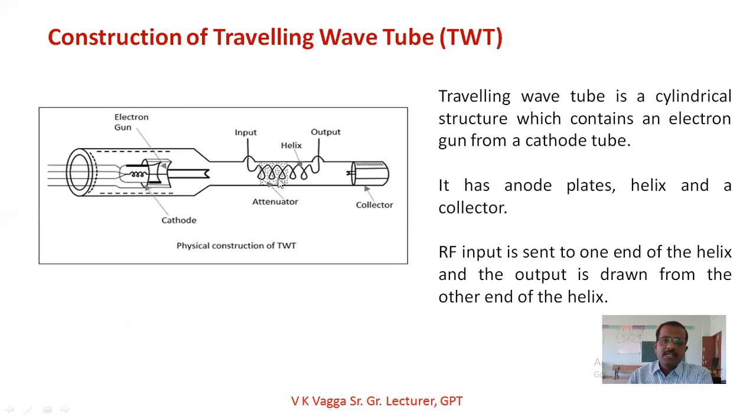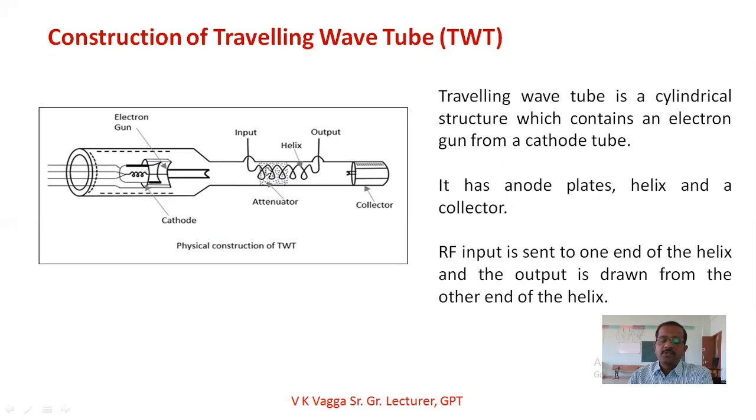If you take the construction of the TWT, it is implemented with an outer cylindrical structure. It can be made up of a glass tube or any metal, and inside it consists of a cathode tube, and internally it consists of the heater or electron gun, which is used to emit the electrons. It also consists of the anode plate, which is used to maintain the electrons exactly at the center of the tube.